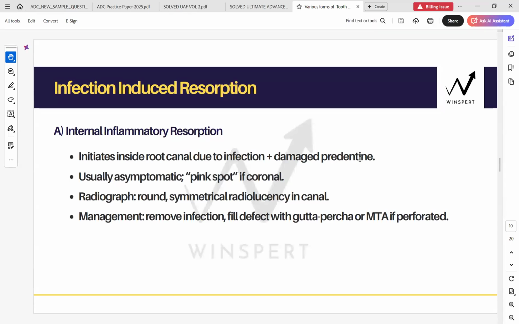Possible symptoms, usually asymptomatic. Dull, mild pain can also be seen. When present coronally, pink spot can also be seen. Radiographically, you will find a round, symmetrical radiolucency within the canal. Now, clinically, sometimes when it is too extensive and has made an external connection with PDL and the soft tissues, then you can see a sinus tract also associated with it.